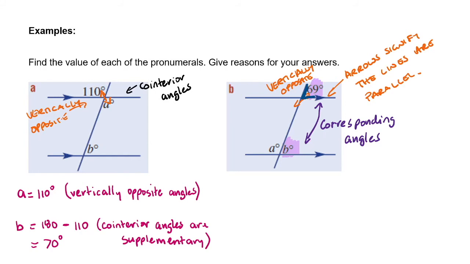So B equals 69 degrees, and we give the reason: corresponding angles. And that's all we have to really do, corresponding angles. You can add in parallel lines, that's fine too.